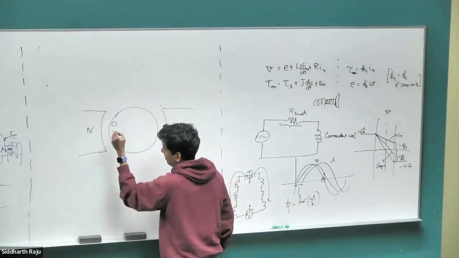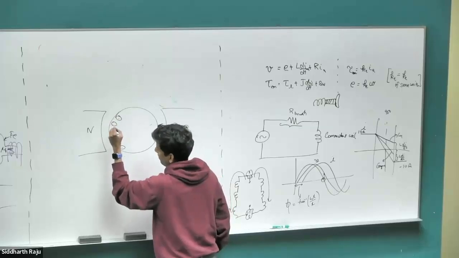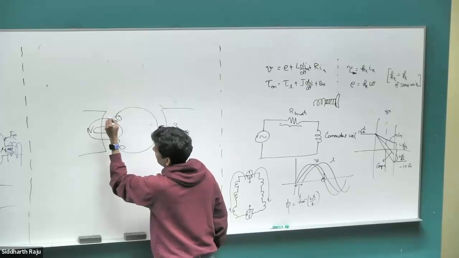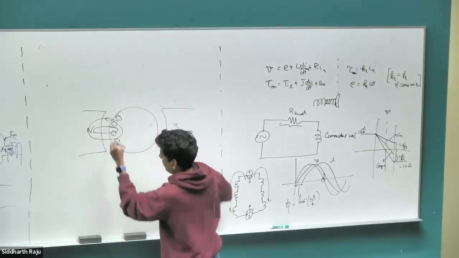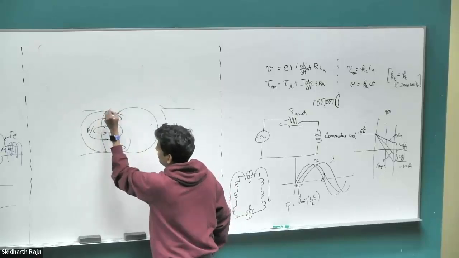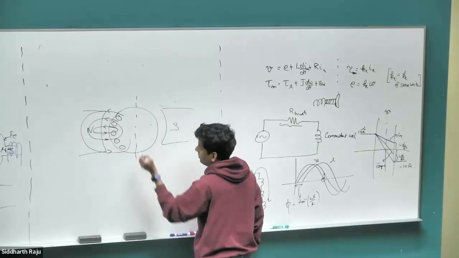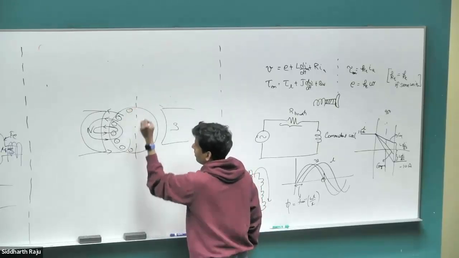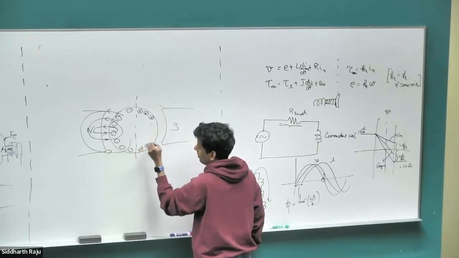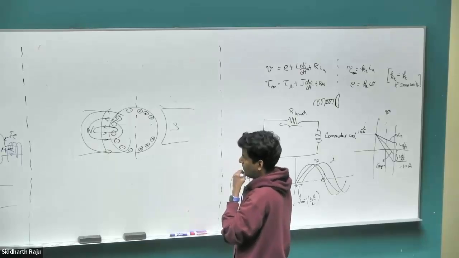So when we have these coils, we saw the magnetic field that's generated by these coils is going to be strengthening it on one side, reducing it on one side. Right? In this case where we have the brush in the center, the conductors on the left all have currents going one way, and conductors on the right all have currents going the other way.